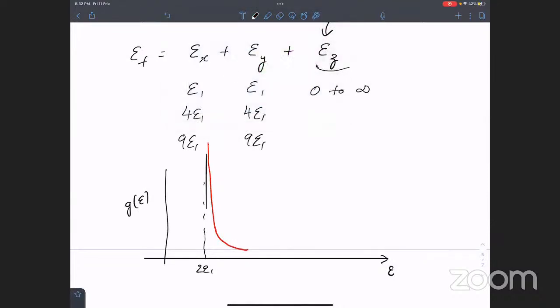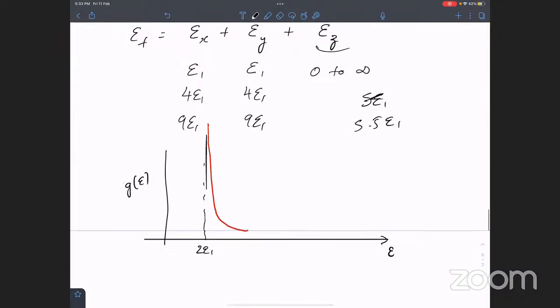Until what is the next possible value of energy? Let us say I have a total energy of 5.5E1. How do I split this?